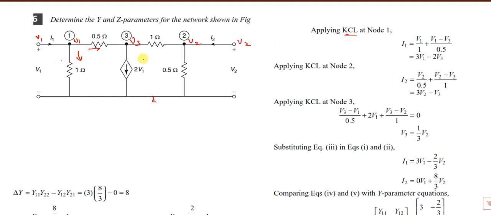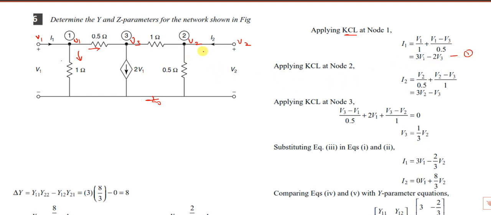So I1 is equal to, with reference node 0 as ground, V1 minus 0 by 1, that is V1 (V1 minus 0 is understood), and V1 minus V3 by 0.5. Since 0.5 means 1 by 2, we get 2V1 minus 2V3. 2V1 plus V1 is 3V1, minus 2V3. This is equation number 1.